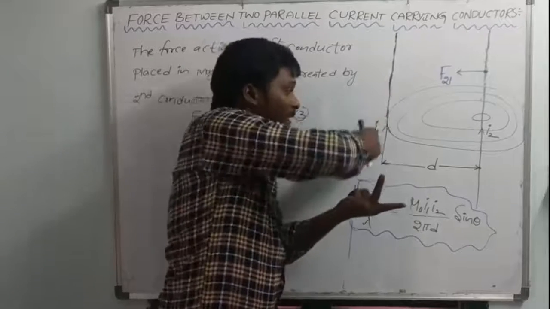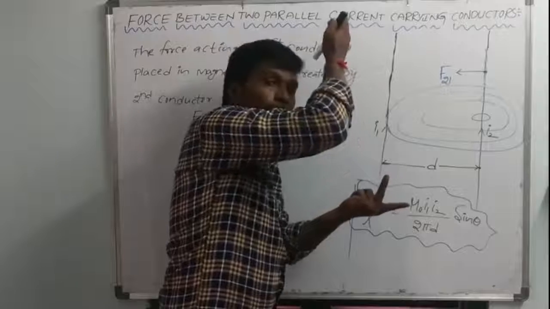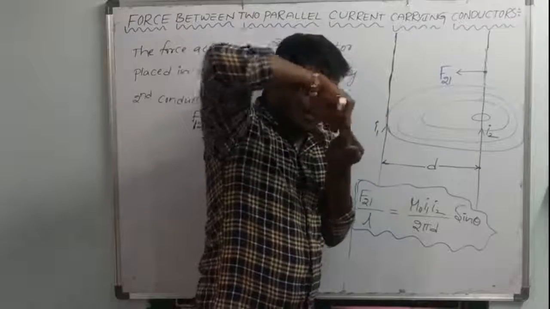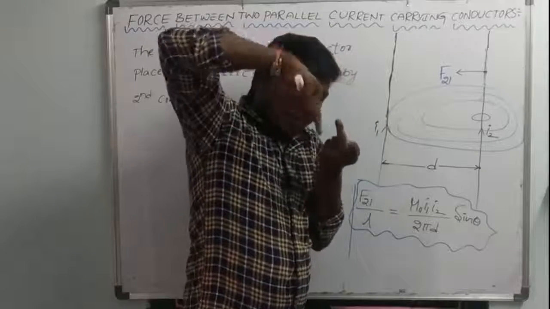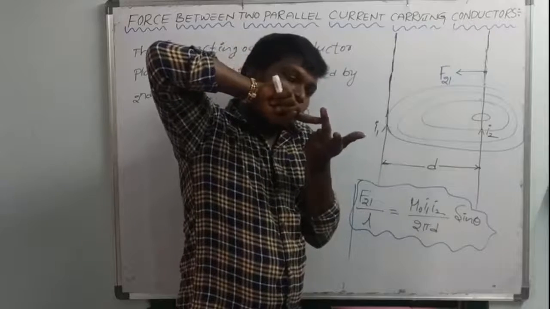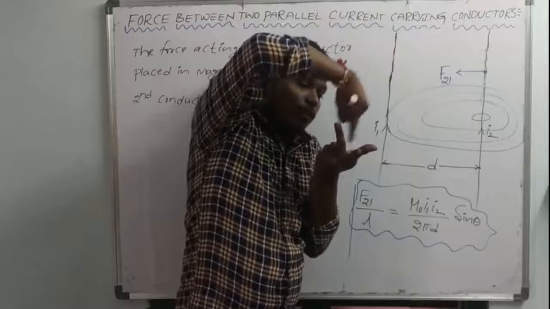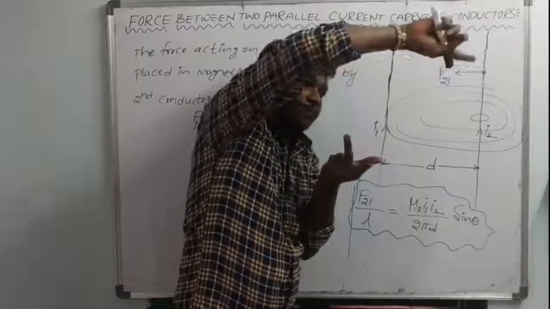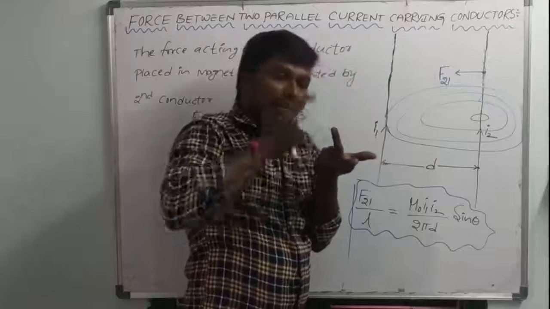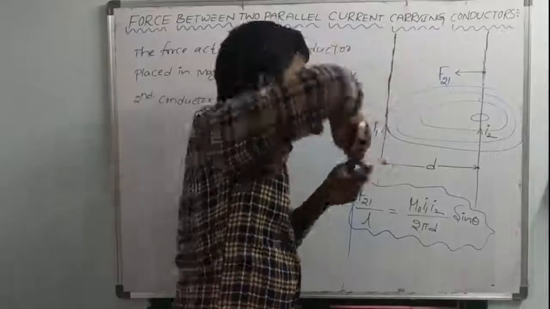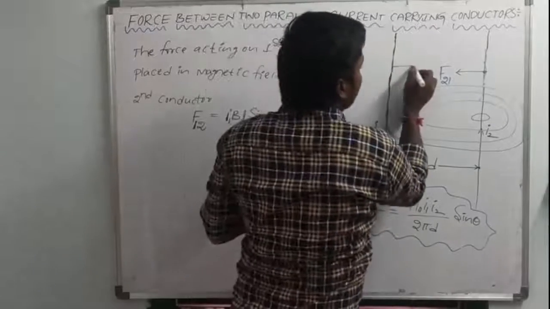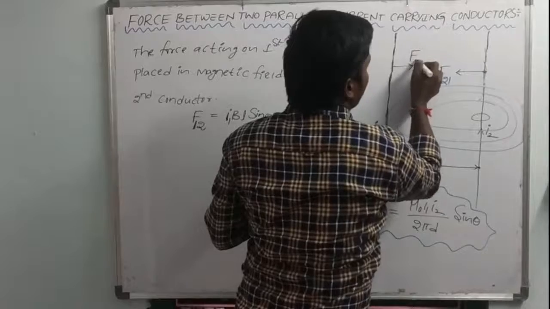The current direction is top, the magnetic field direction is outside. What is the force direction? Inside. So the force will act in this direction, F12.